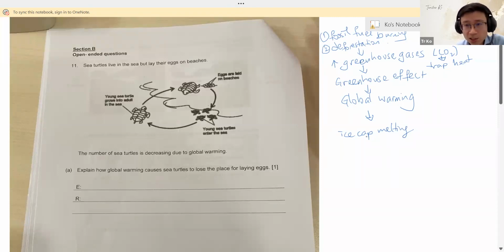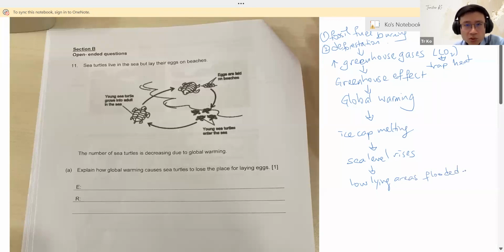It's a whole continent in Antarctica. So when the ice cap melts, the water flows down into the sea, and the sea level rises. And when the sea level rises, the low-lying areas, or even low-lying countries, will be flooded.